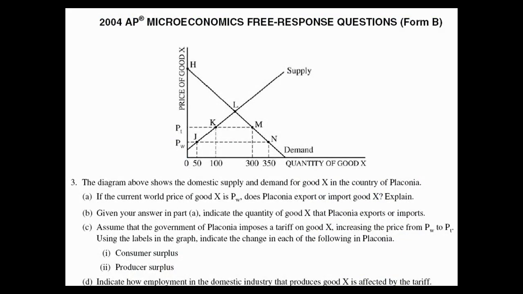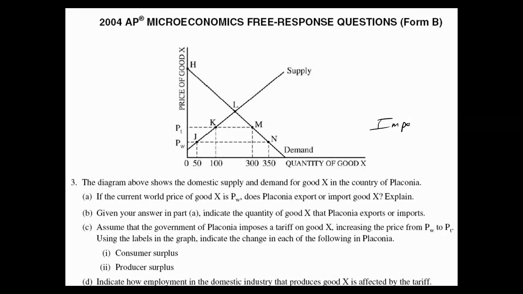Here is another free response from 2004. Once again, this one says in the diagram above, show the domestic supply and demand here. If the current world price of good X is PW, does Plasonia export or import? Well, they're going to import.